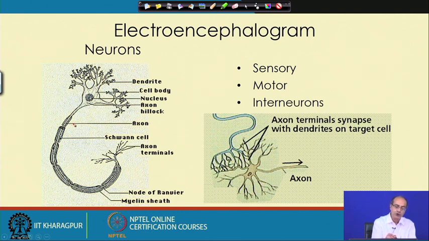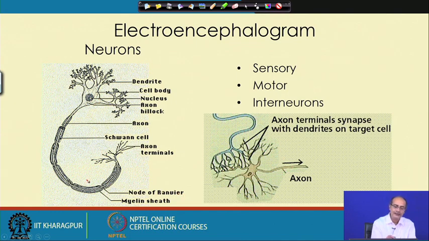So, to have the action potential, there is a gap, and we mark them. They are called nodes of Ranvier. In between the continuous myelin sheath, there are some gaps where there is no sheathing, and that is called a node of Ranvier.